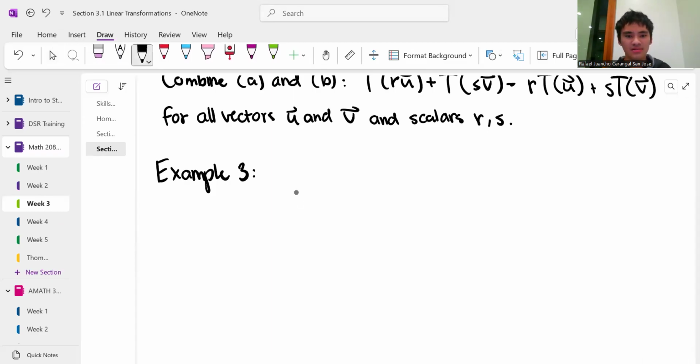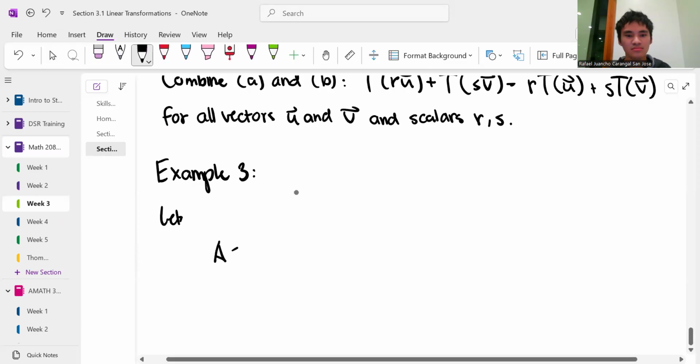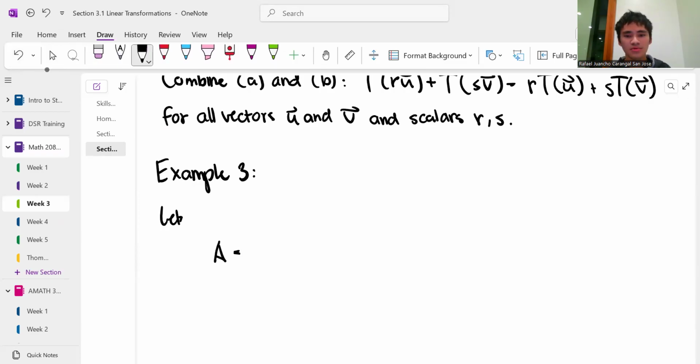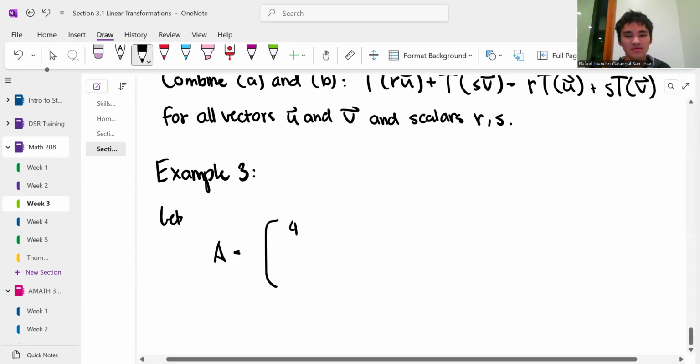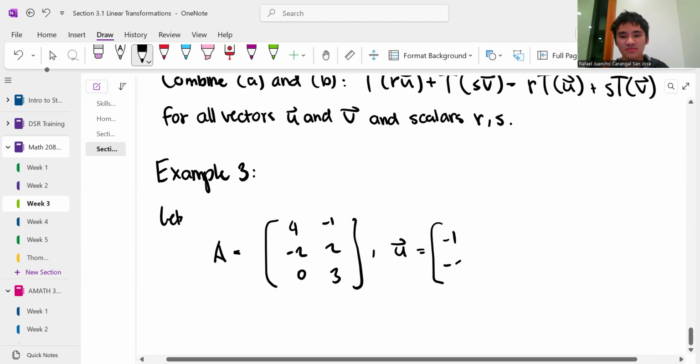So here we let A be 4, -2, 0, -1, 2, 3. And then we let our u vector be -1, -3.